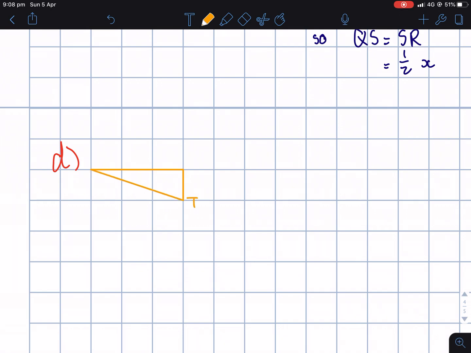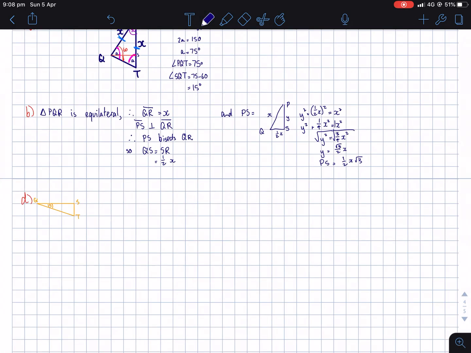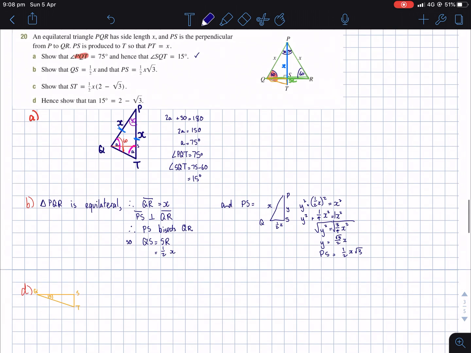So this is point T, this is Q, and this is S, and this was 15 degrees. And what do we know about this? We know QS is half X. We know PS, so ST would be PT minus PS.